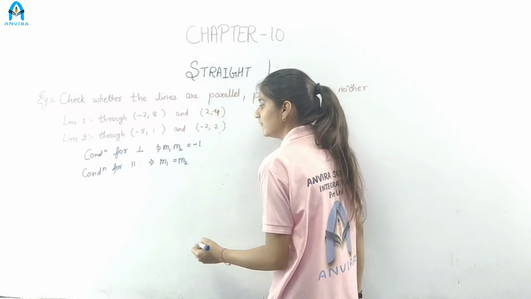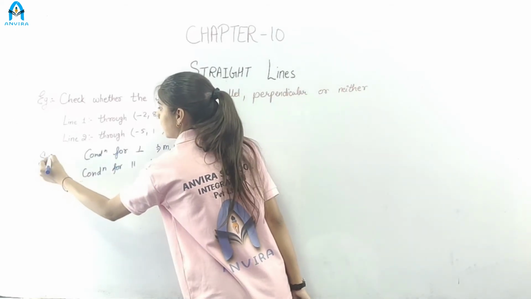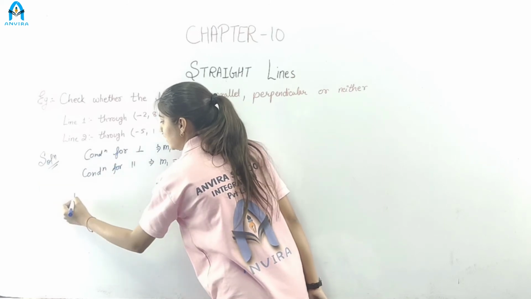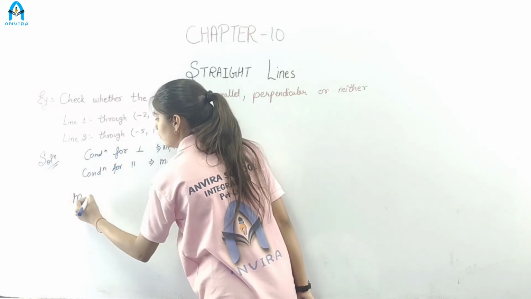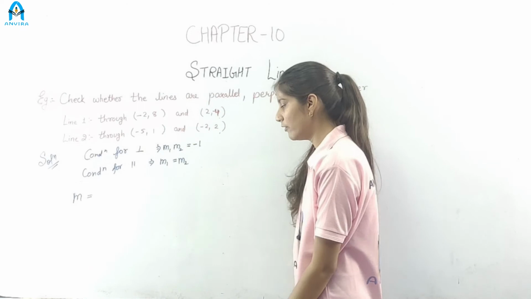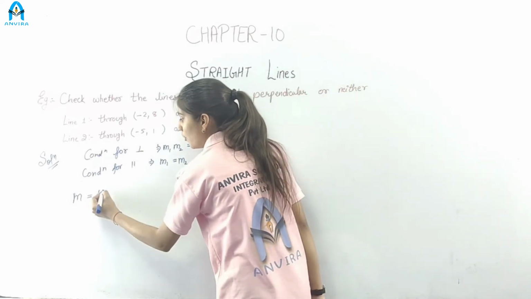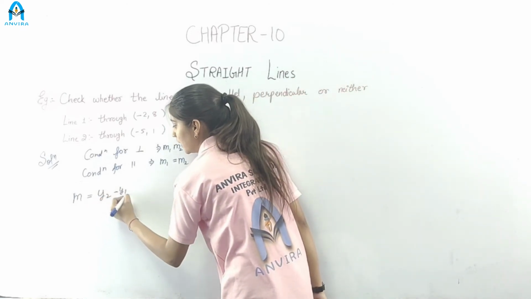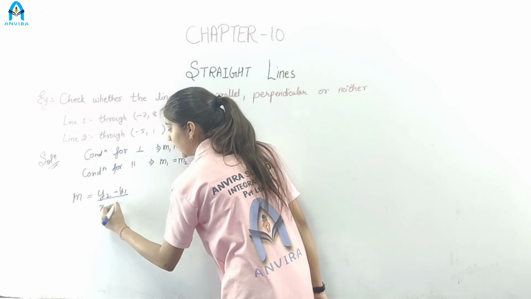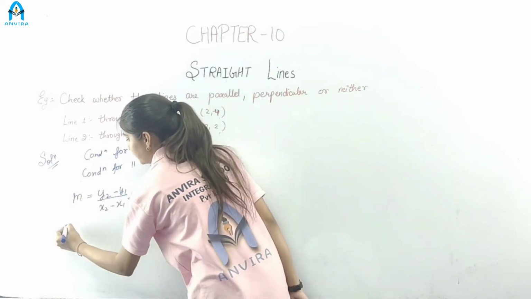And the value of m is given by y2 minus y1 upon x2 minus x1.